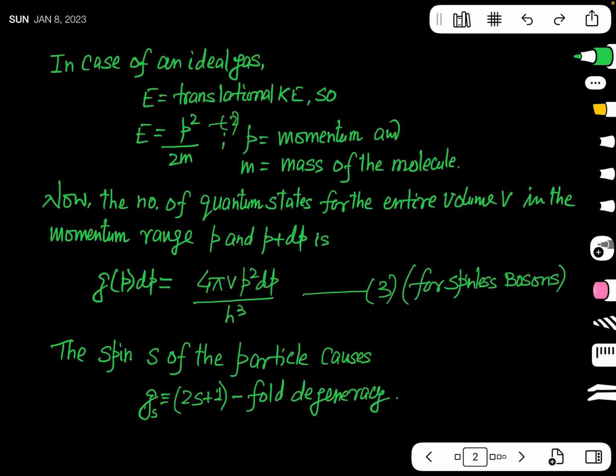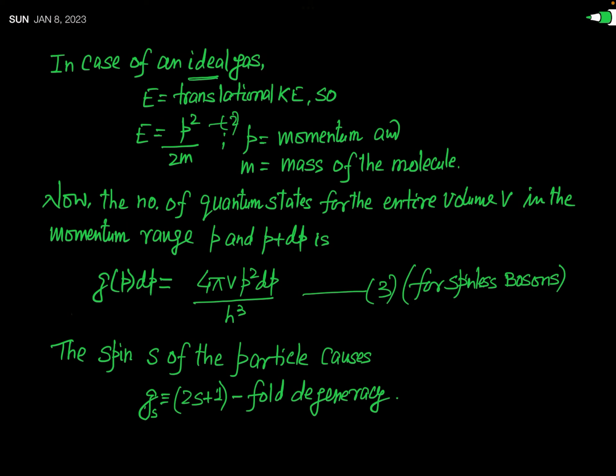And now, as we are considering here an ideal gas, and you know in case of ideal gas or perfect gas, we consider non-interacting molecules. That is, we neglect the interaction between the molecules, and so there is no potential energy in such a gas. In fact, in such a gas, the energy means translational kinetic energy.